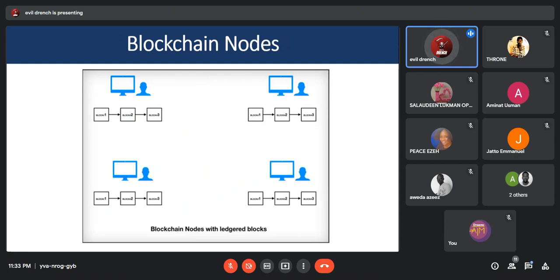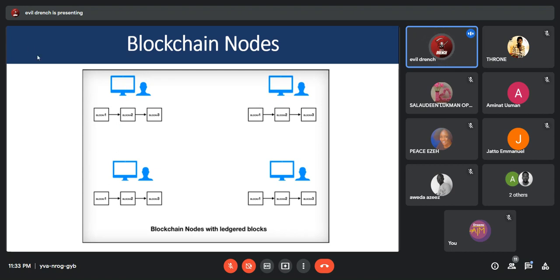right? So the moment a node joins a blockchain, it's going to download the updated blockchain ledger. Immediately this node is created, it's going to come here and download the information. It does not need to download all the information from everywhere, because the information that is here and here is with this particular node, so it's just going to download from here.